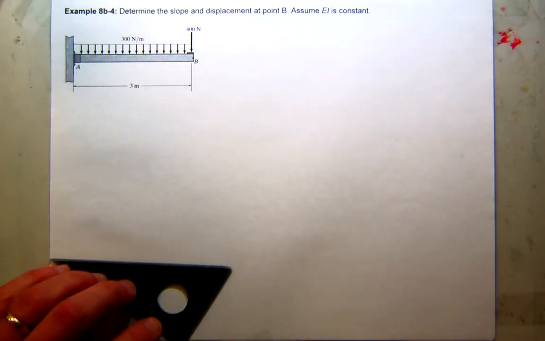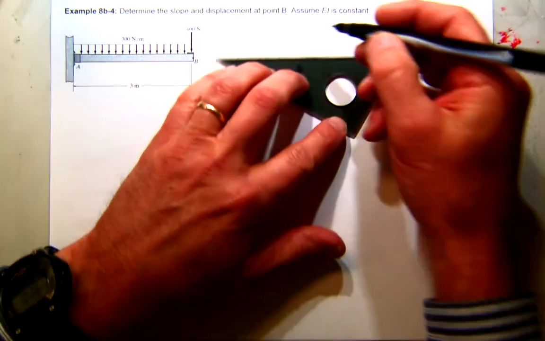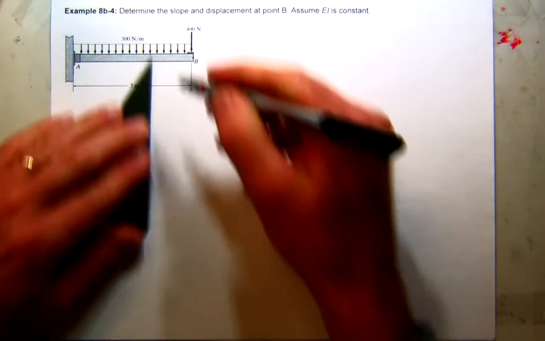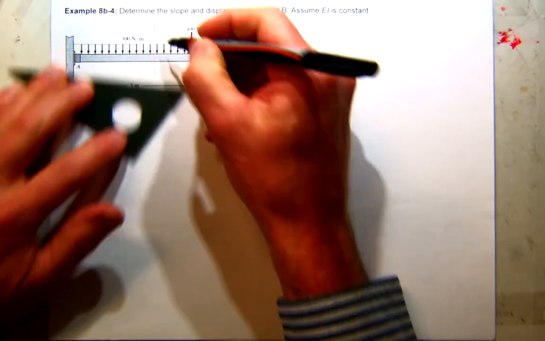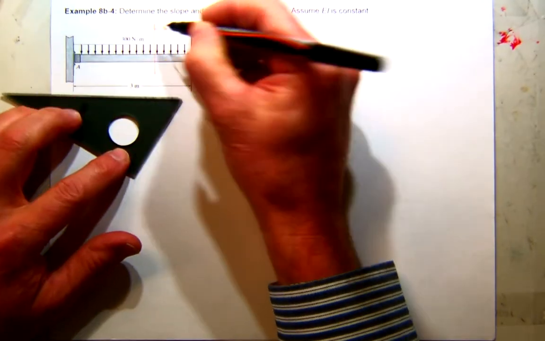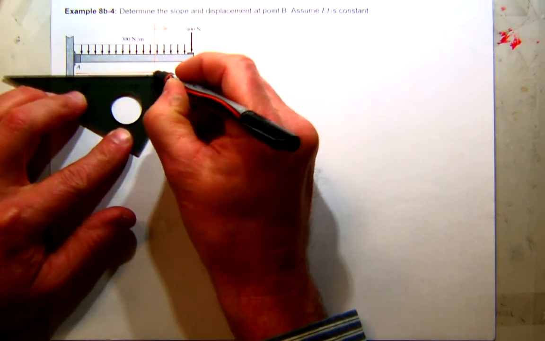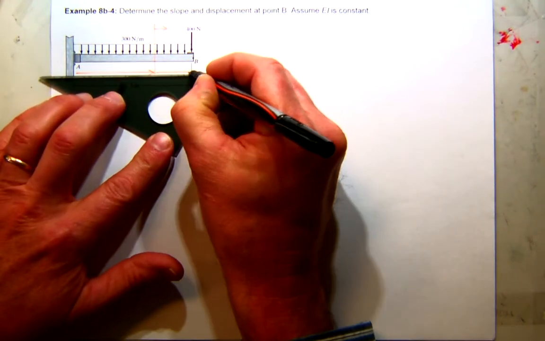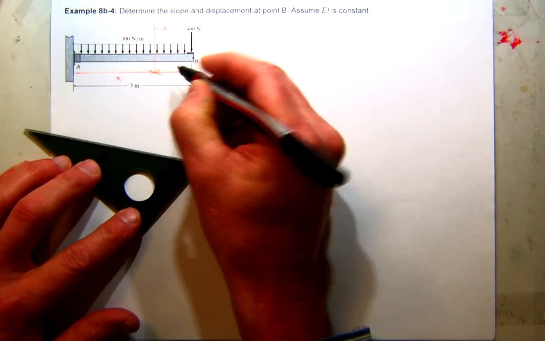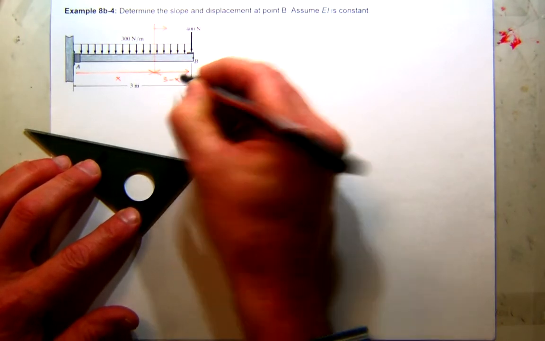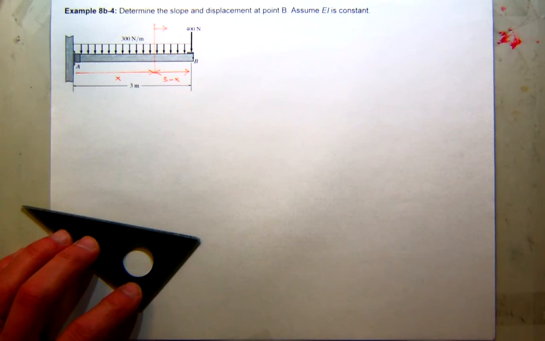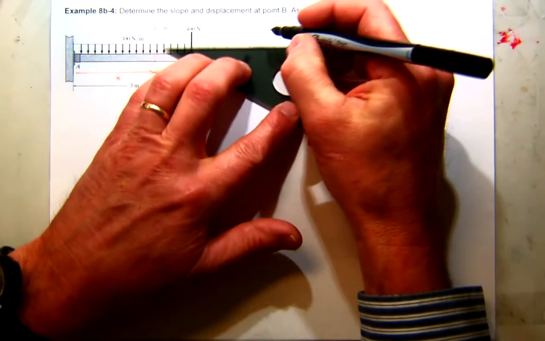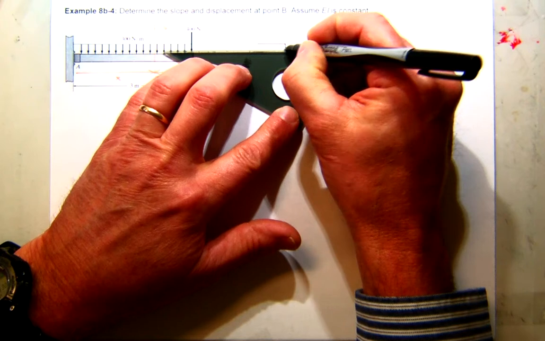All right, so what I'm going to do first is I'm going to come over here and cut the structure. And I'm going to work the right-hand side so that at some distance x, my right segment will be 3 minus x. So I'll redraw that free body diagram.